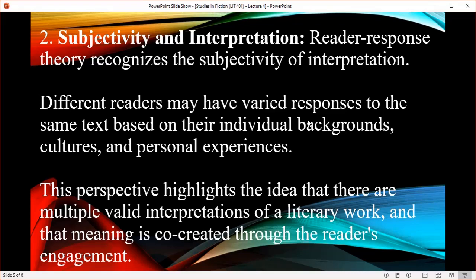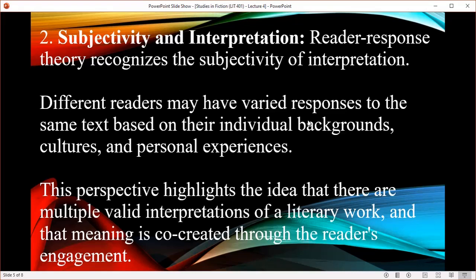Therefore, this perspective highlights the idea that there are multiple valid interpretations. The interpretation is not one-way. It is according to the number of the interpreters and their experiences. As many as the interpreters and their experiences are, so many will be the interpretations we are going to have.